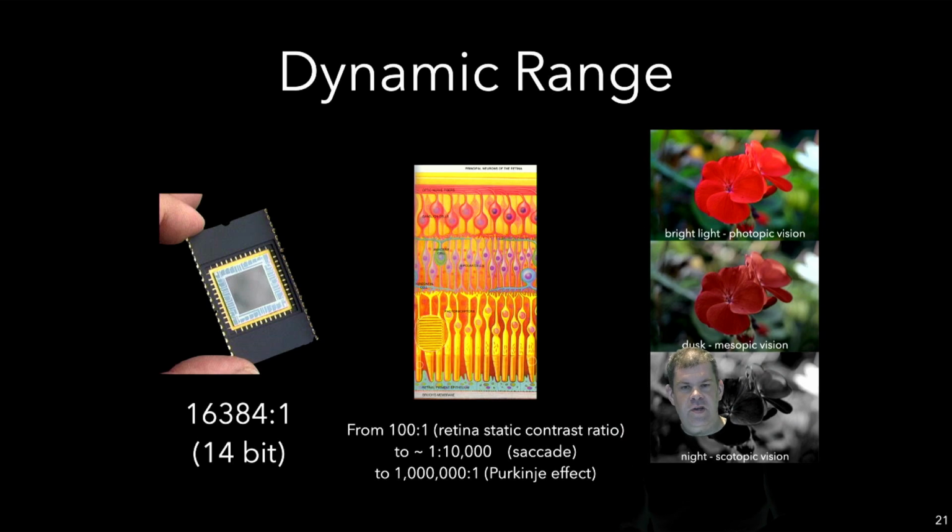If we take a CMOS chip from a couple of years ago, you can see that they are available at bit rates of 14 bits, which gives you a dynamic range of about 16,000 to 1. And how well do our eyes perform? Under normal circumstances, they're around 1 to 10,000.